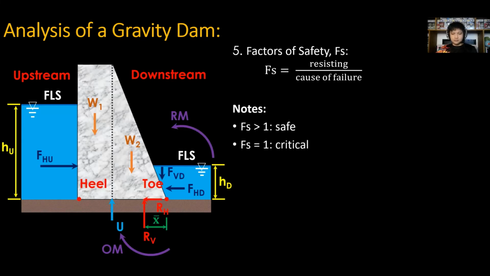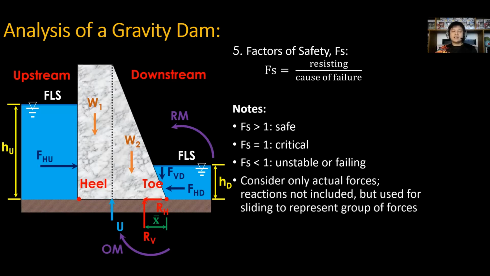If Fs is equal to 1, it is critical. And if Fs is less than 1, it is unstable or failing. For the analysis, consider only actual forces, reactions not included, but used for sliding to represent the group of forces.